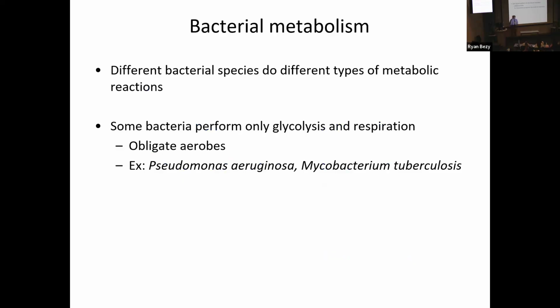What I'm also trying to hit here is that different bacterial species do different types of metabolic reactions. So for instance, some bacteria specialize in coupling glycolysis and respiration. And that's what they do. Glycolysis coupled to respiration. And so for instance, many species that are obligate aerobes. What does that mean?